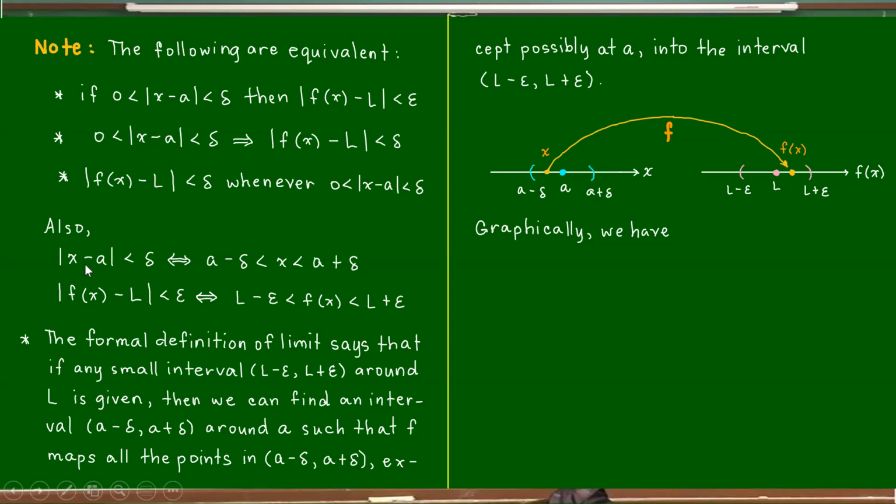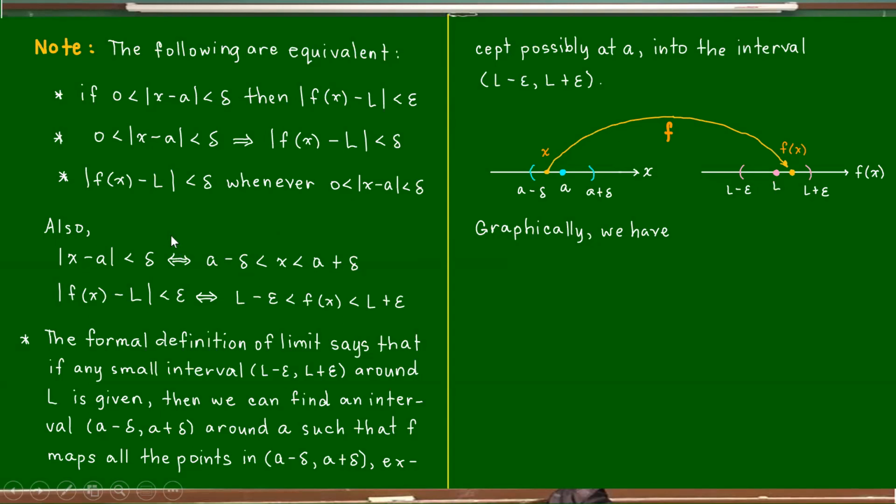So also, when you say the absolute value of x minus a is less than delta, that is equivalent to x being between a minus delta and a plus delta. Okay, guys? So actually, that is equal to the absolute value of x minus a being less than delta, which means negative delta is less than x minus a, which is less than delta.